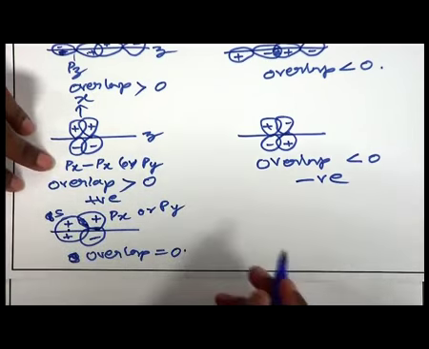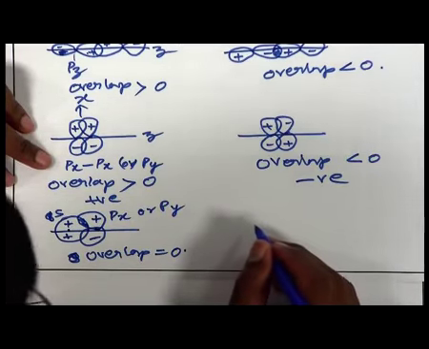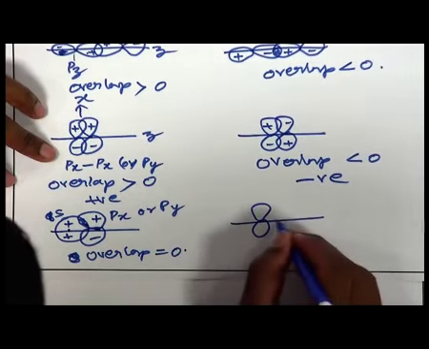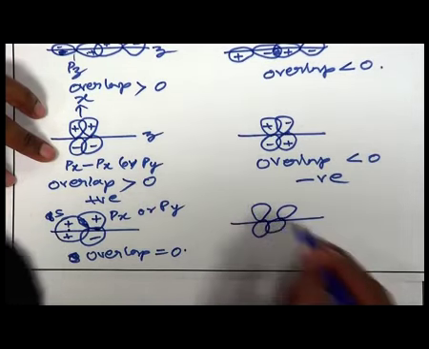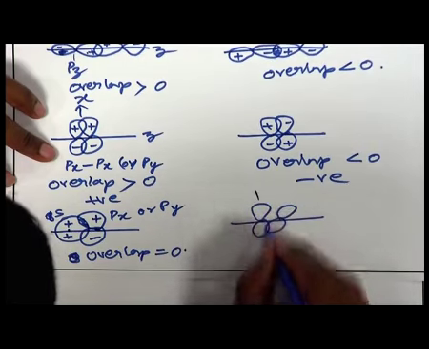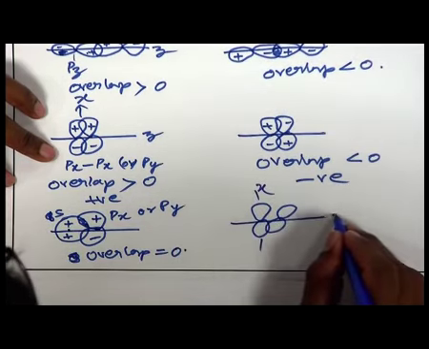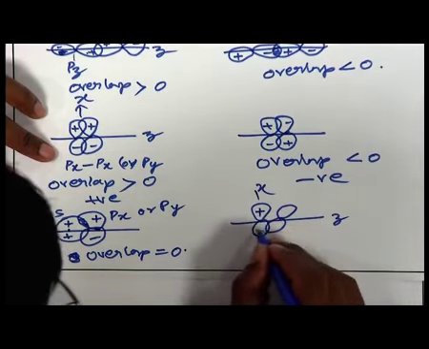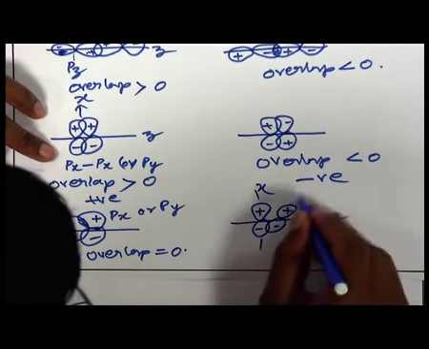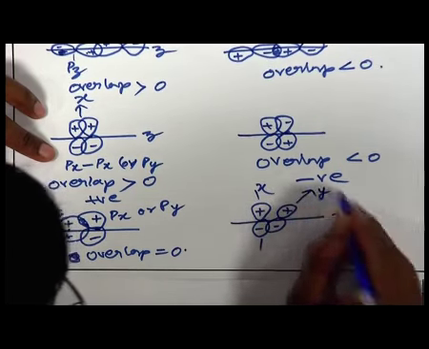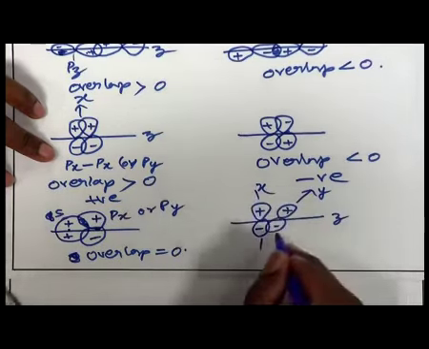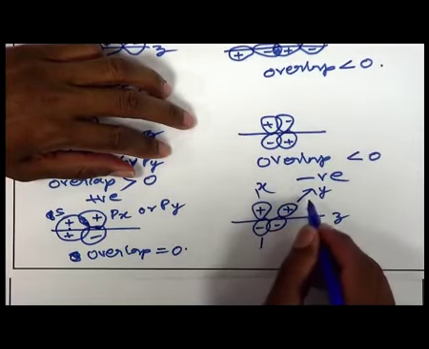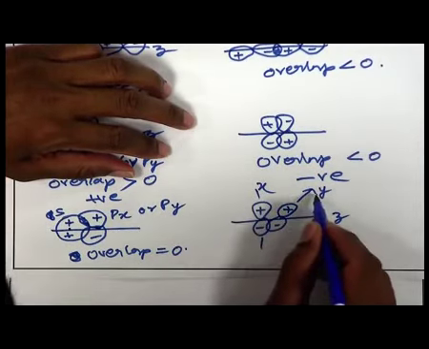Then you can also have another situation. This is the x axis, this is the z axis, this is the y axis. This orbital is, for example, positive, negative, negative, positive. So, we are trying to combine the p x orbital of one atom with the p y orbital of another atom.